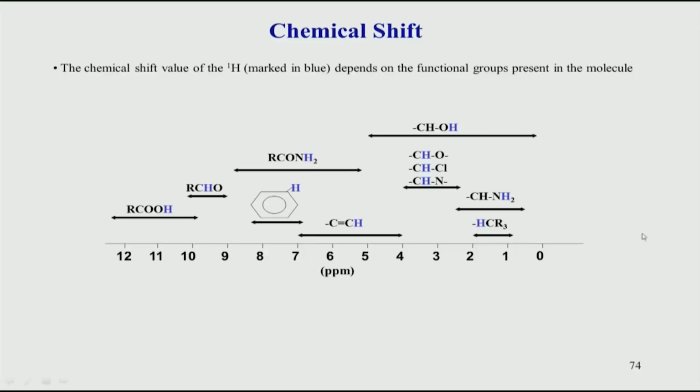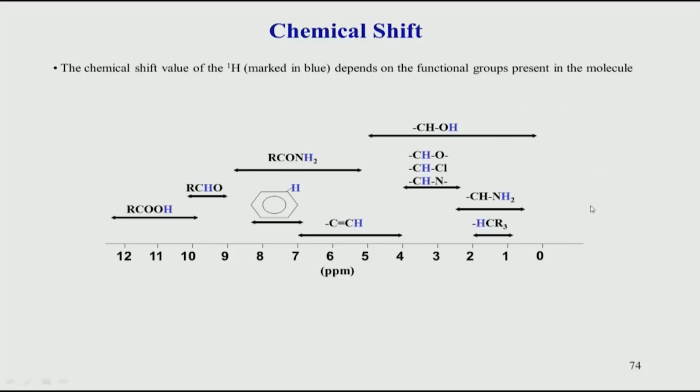So, we looked at the chemical shift values of different functional groups here. We looked at the methyl groups which come very upfield shifted, many times or always between 0 to 2.5 ppm. Then as you add more electronegative atoms like nitrogen, chlorine, oxygen, they start going what is called downfield.